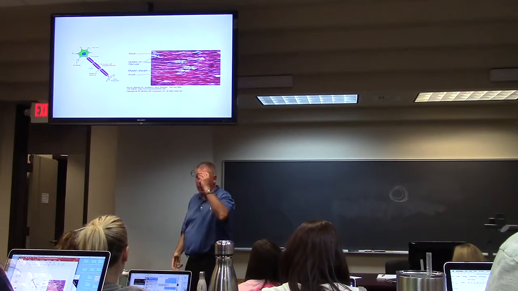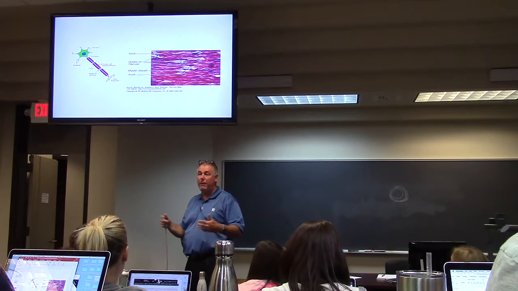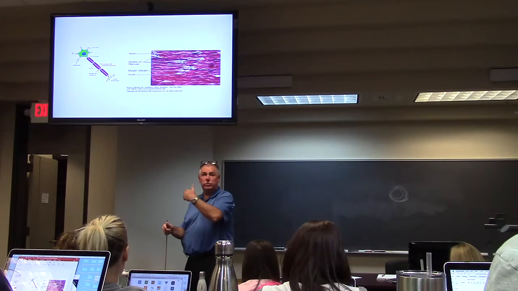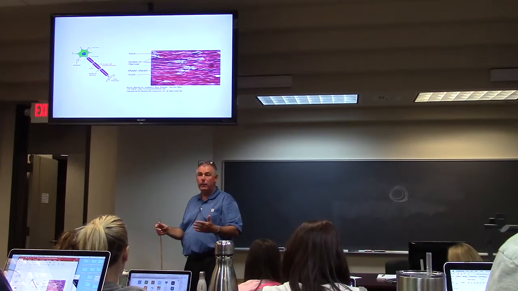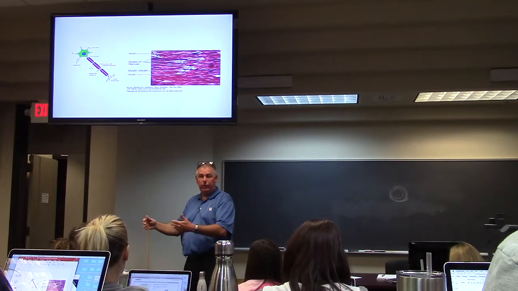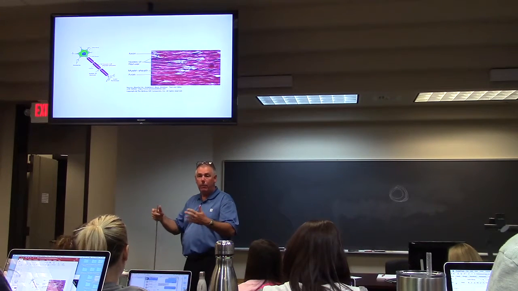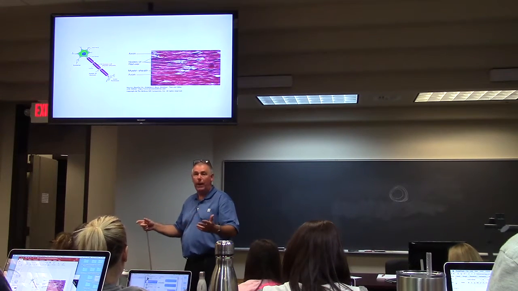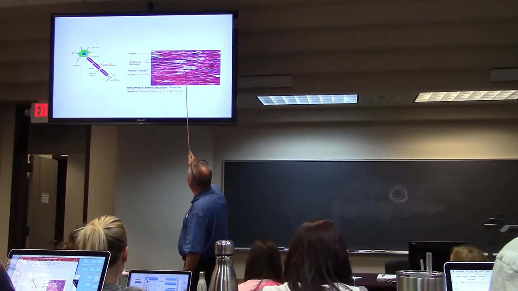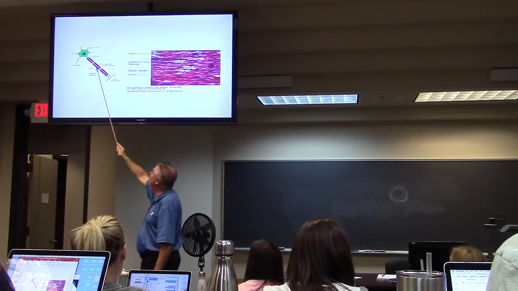Myelin, by the way, is essentially a fat. And it appears in gross sections to be white. So when you say white matter, you're thinking of a bunch of myelinated fibers. So you can see the separation of the Schwann cells here.